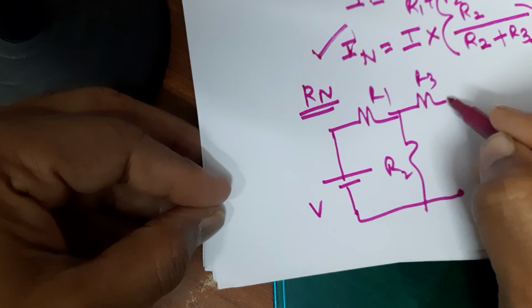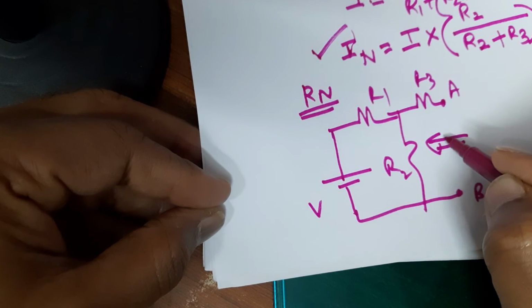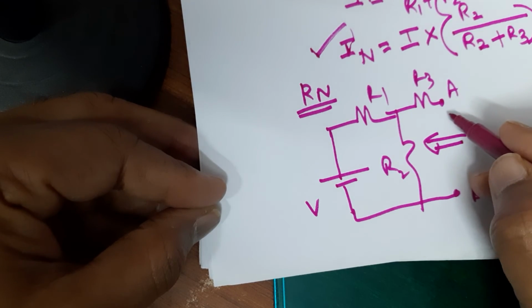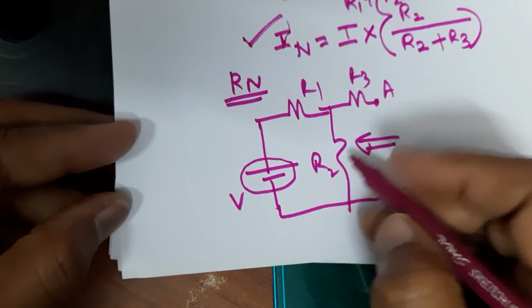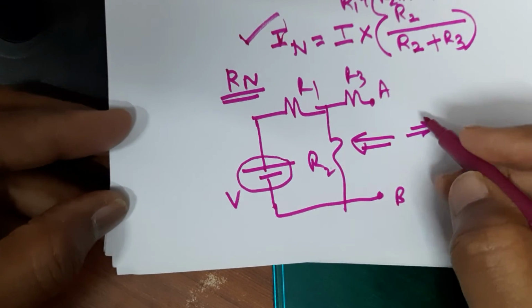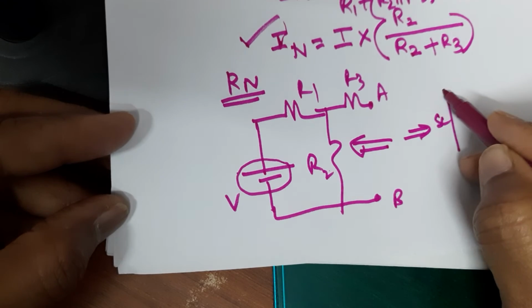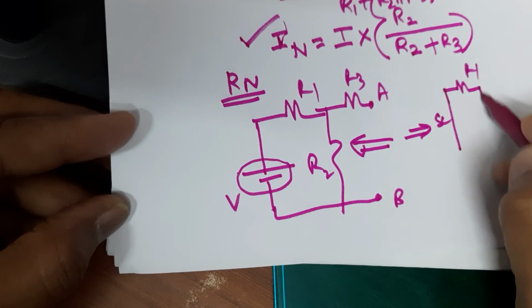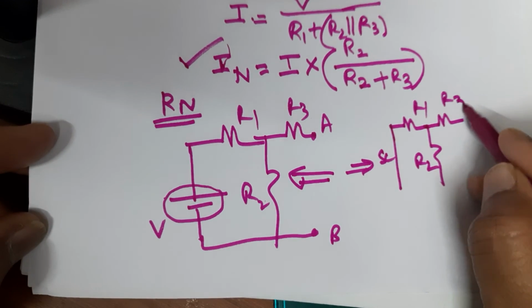We have to view from the output terminals into the network, but while viewing, there should not be this source. It should be replaced by a short circuit. So R1, R2 and R3.